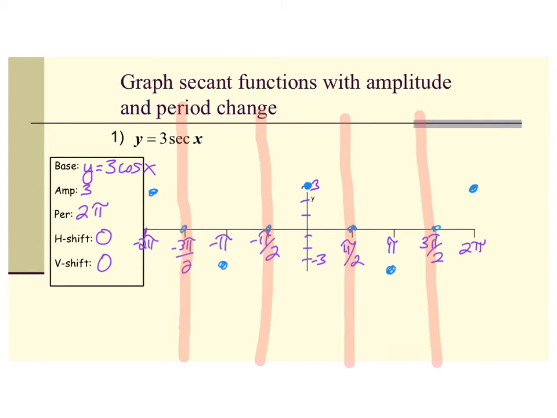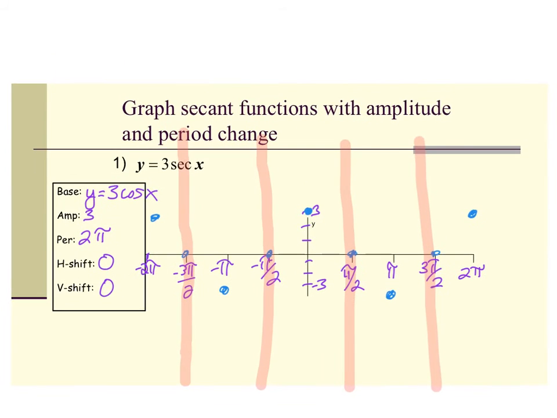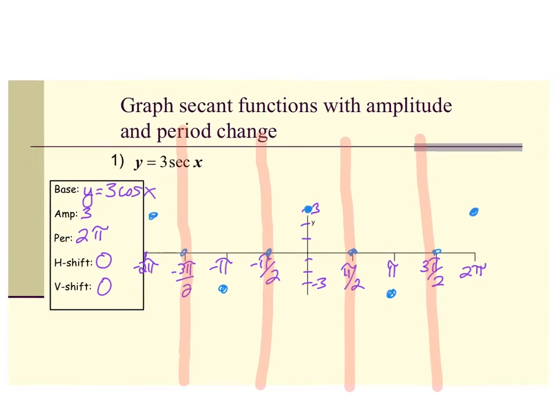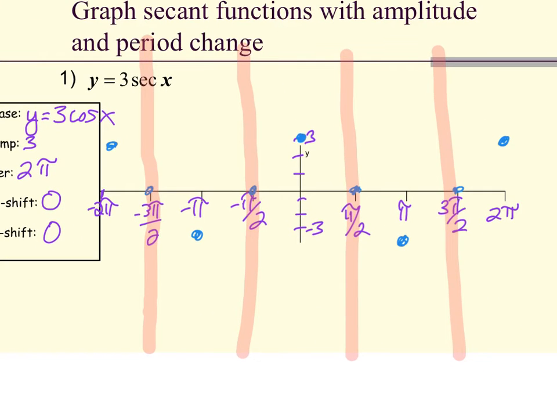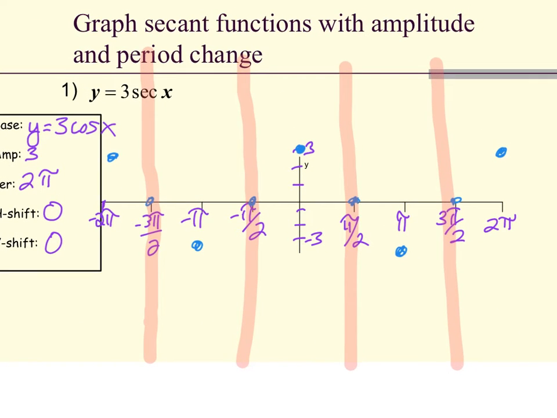That's my asymptotes. Now, I'm going to go back to purple to actually graph my function. Basically, I come down the asymptote, and swing out, catch just that point, and go back up.